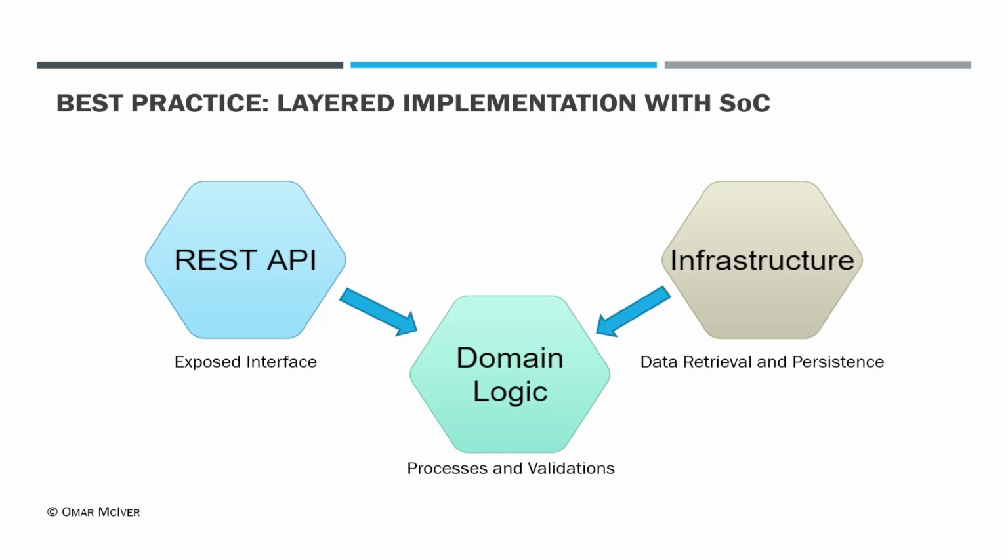Now, if we look at this from a dependency perspective, the REST API is going to be dependent on the domain logic. It needs to know what the business objects are that we're going to be serving and we're going to be processing. And in the same way, the infrastructure, how do we know what to store unless we are looking at that business domain objects?